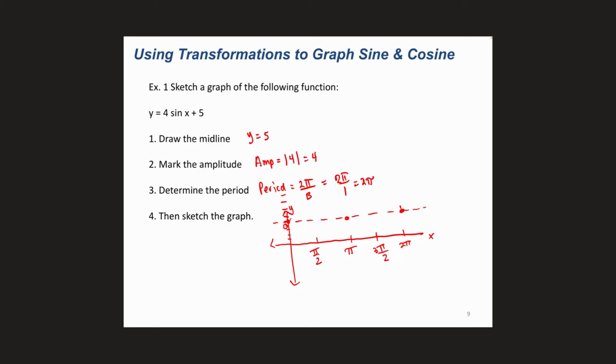So it's going to go up, come back down, and so this is 1, it's 1, 2, 3, 4. Oh, so it's going to go down to here, and then go back up. So that would be the graph of y equals 4 times the sine of x plus 5.